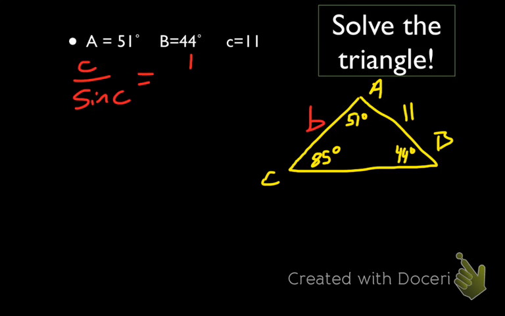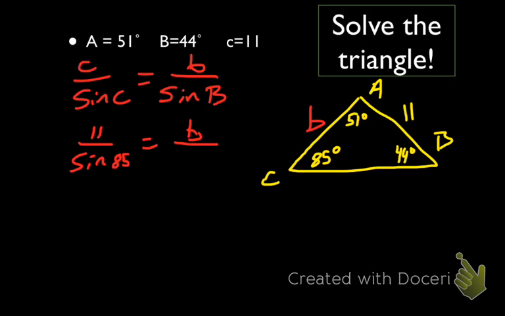So little b divided by sine of B. Questions on why I'm using sine of C or sine of B or that piece of the law of sines? Alright, let's plug everything in. So I've got little c is 11 divided by the sine of 85 equals little b, that I'm trying to figure out, divided by sine of 44.